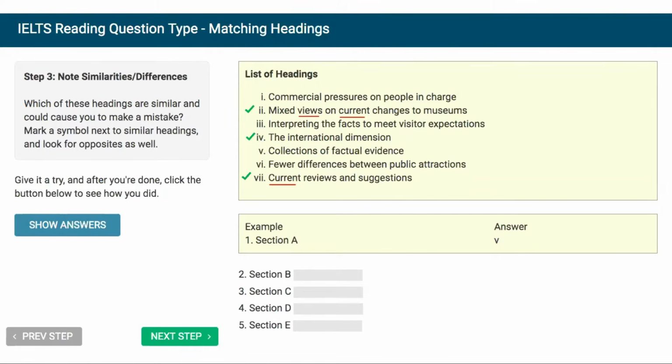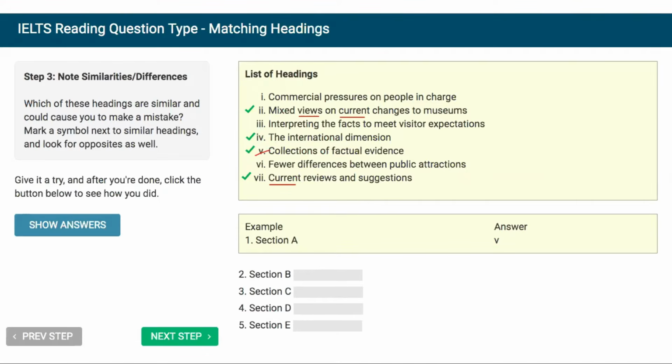And then lastly, I just want to call your attention to number 5 here, collections of factual evidence. Remember, that has already been used in the example you see here, 5. So if you see the example is used and you know that you can only use each number once, do not even waste your time, and you can eliminate that already.